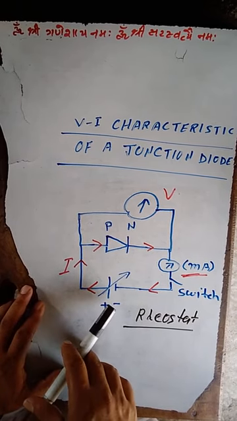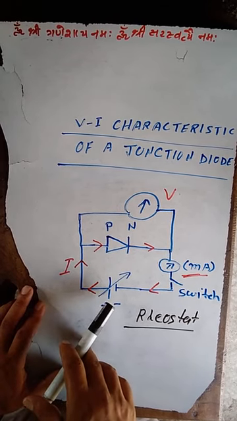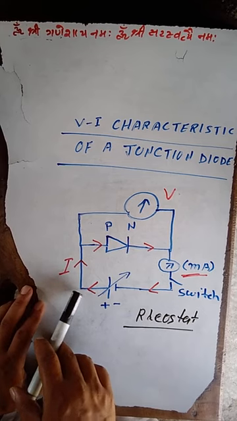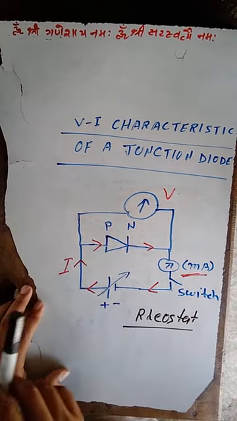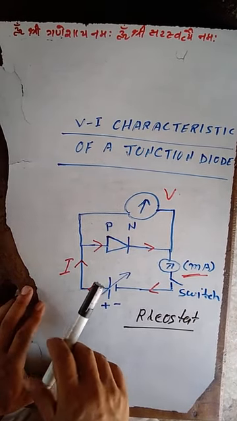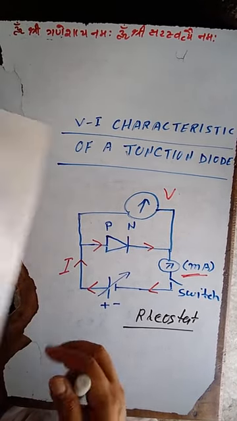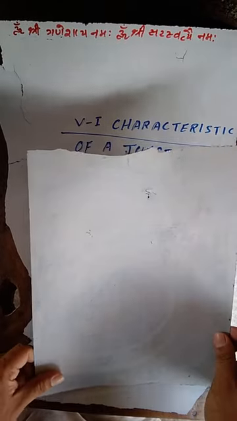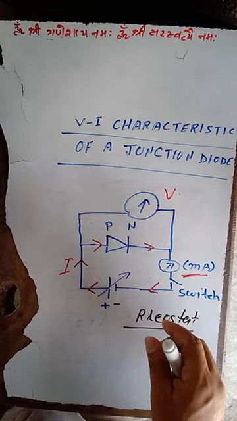When we increase the voltage of this battery, we get a current in forward bias. But initially we don't get any current. Why? If we draw its graph, it will be like this.